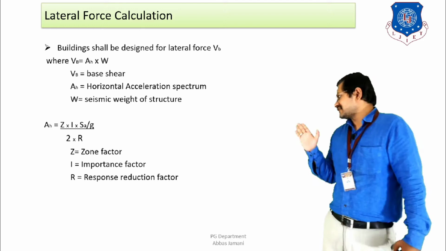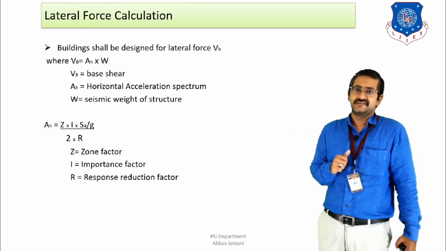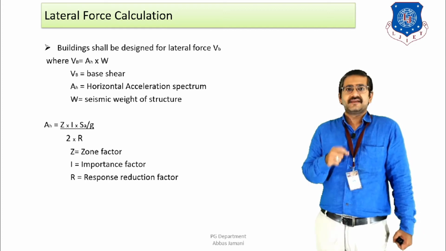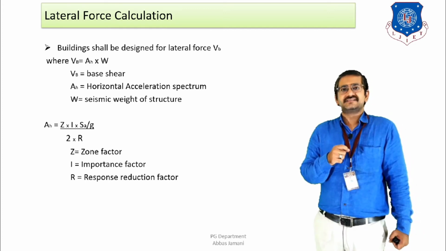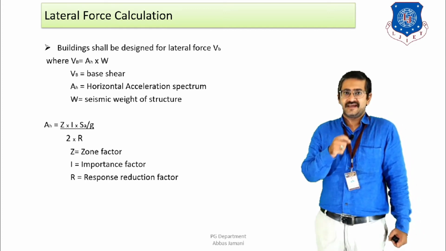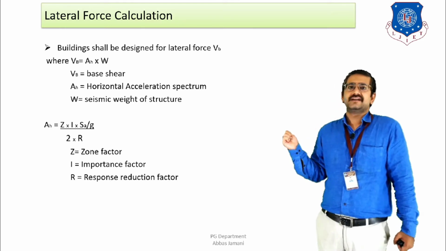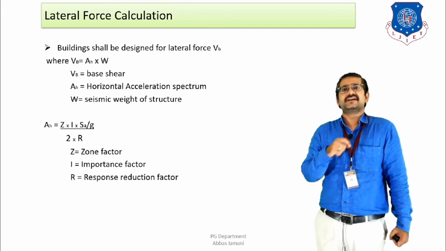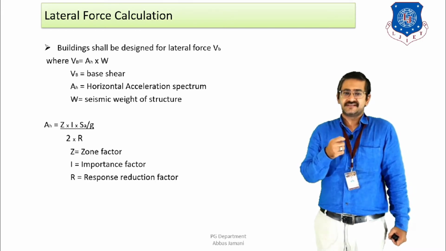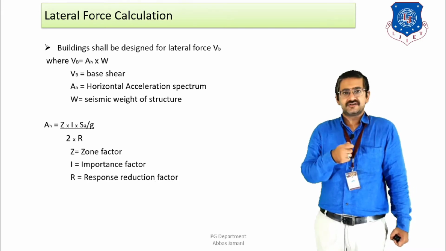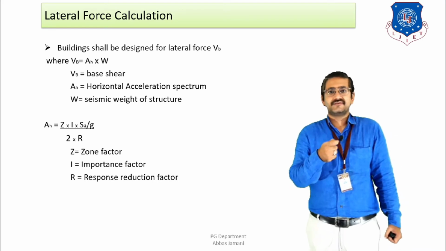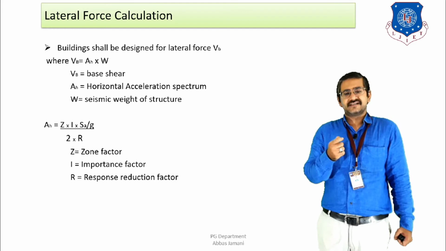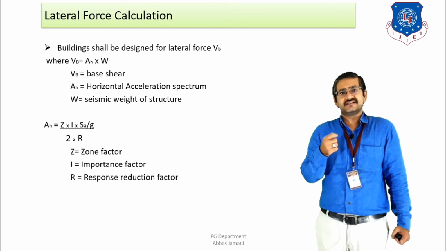In today's lecture, our focus will be on the remaining terms, that is, how to consider the value of the impedance factor I, which factors help us decide its value, and we will also look at the response reduction factor R. For SA by G, we have already discussed in the previous lectures that it is the design spectrum coefficient, which depends upon the soil profile, the soil structure interaction, the peak ground acceleration and the time period.